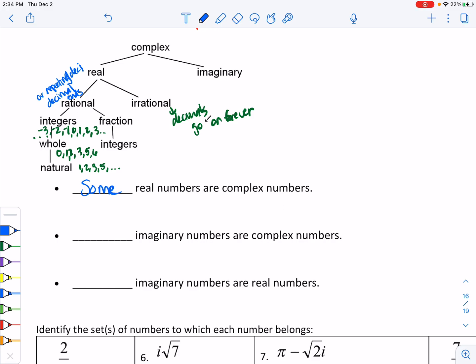If I had something like 3 plus 0i, that would be a real number because we have none of the imaginary part. And we have imaginary numbers are complex numbers, so all of our imaginary numbers are complex numbers. And then blank imaginary numbers are real numbers. So no imaginary numbers are real numbers.